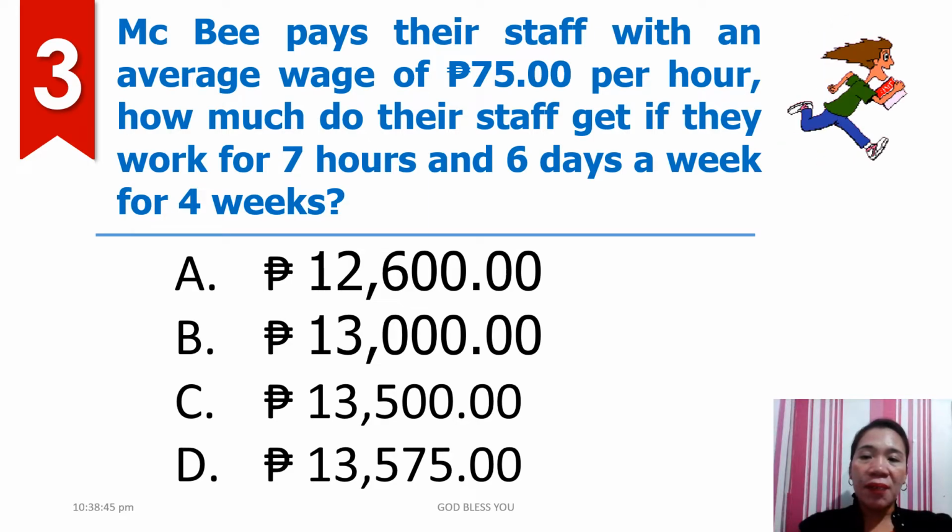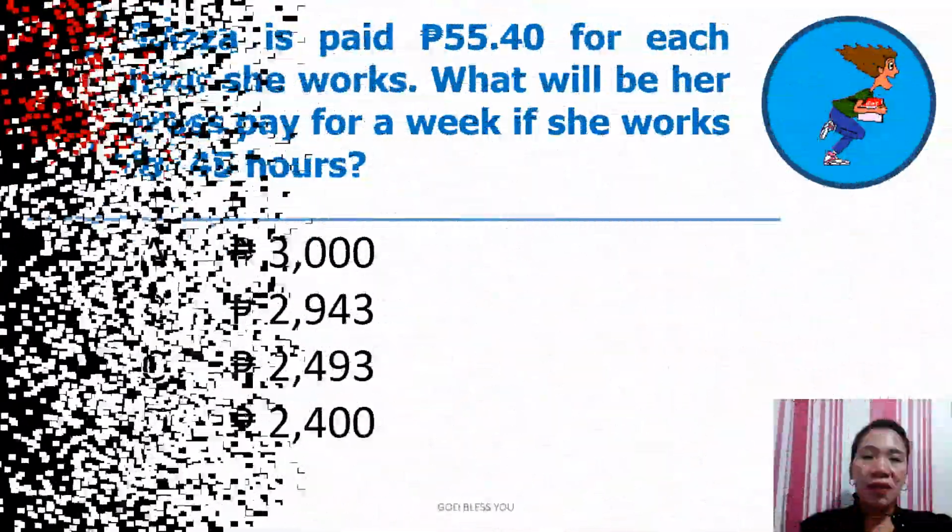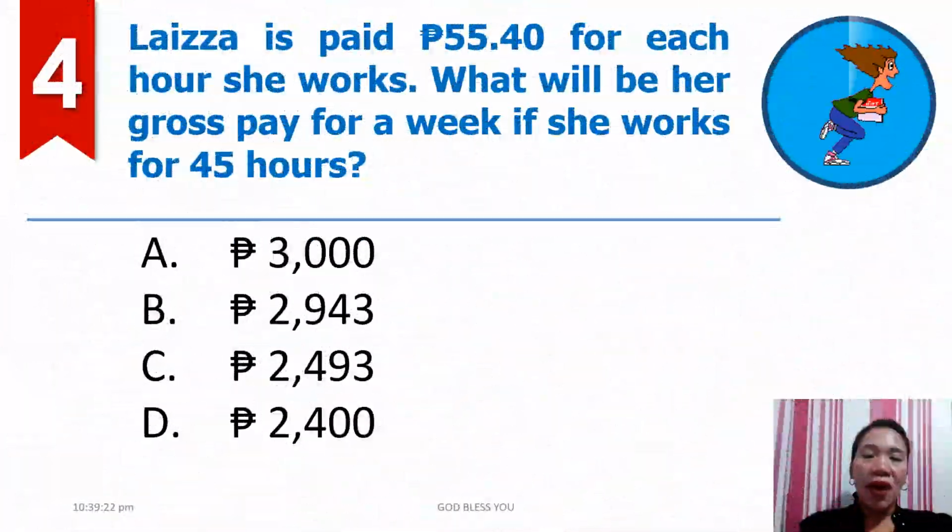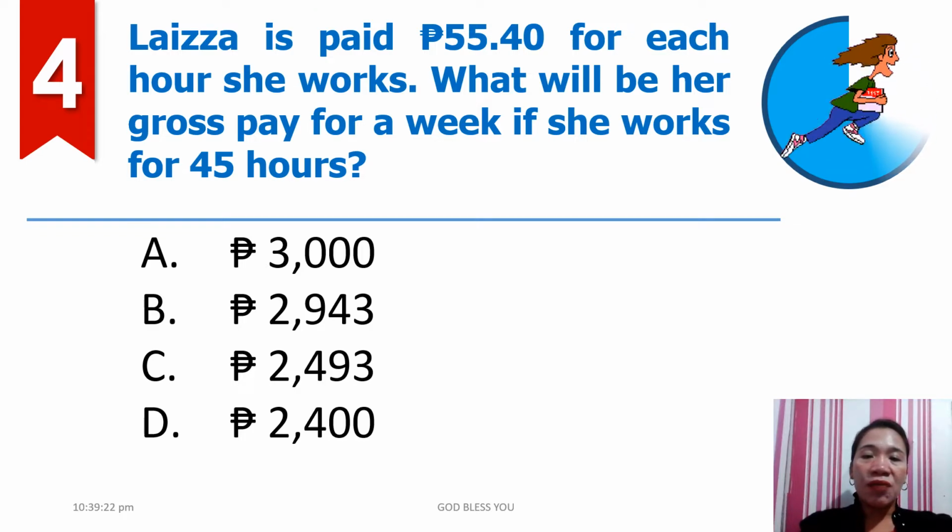Okay, time is up. The correct answer is letter A. Next, number 4. Liza is paid 55 pesos and 40 centavos for each hour she works. What will be her gross pay for a week if she works 45 hours?